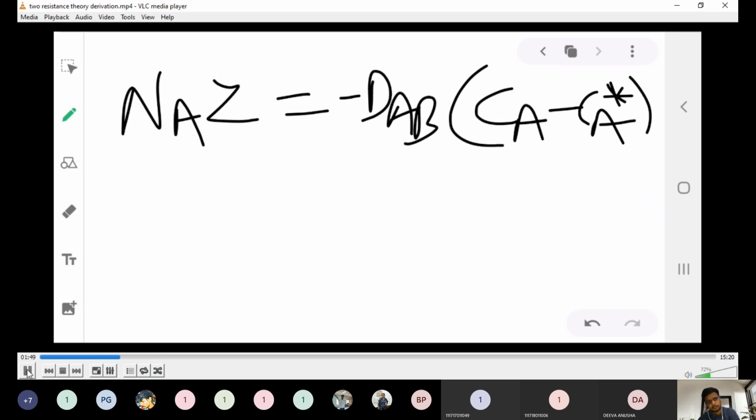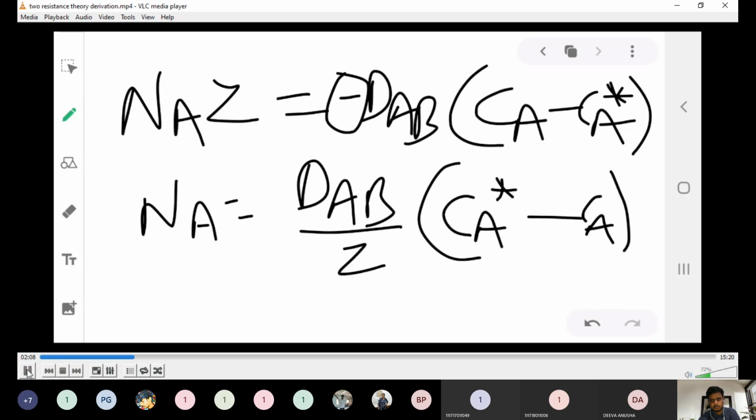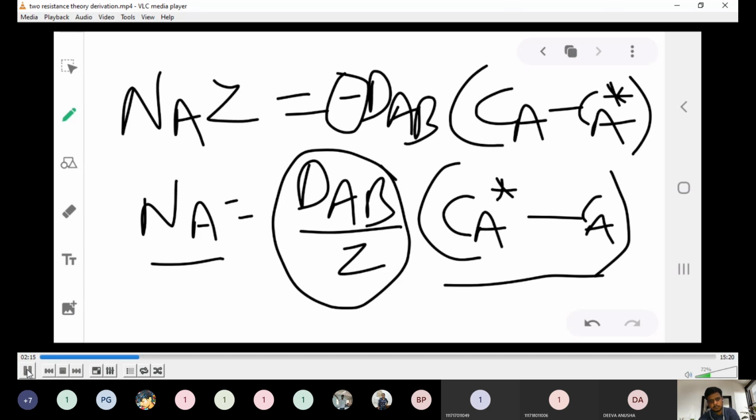Ca star. So now we can send this DAB by Z, with the minus, to that side, multiplying with this variable, so we can interchange the variables to Ca star minus Ca. Now we already know from the mass transfer coefficient that flux is directly proportional to the concentration driving force or the pressure driving force, and the left-out term will be the mass transfer coefficient.